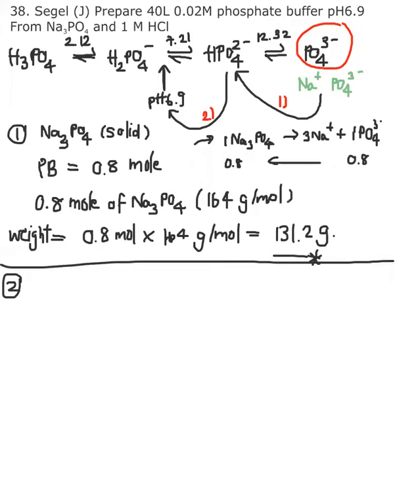The sodium phosphate that we have with us, we don't know the pH of this solid substance, but obviously it is very, very basic. So in step 1 of determining the amount of proton needed to decrease the pH, you can assume that at the very beginning you begin with 100% phosphate ion.